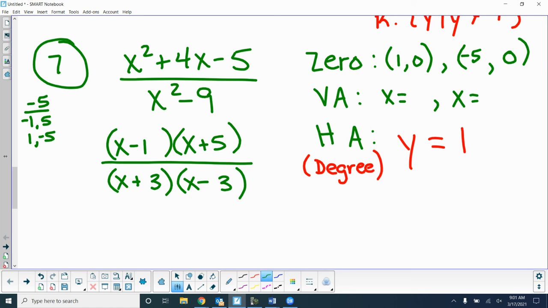What makes this 0 and that 0? Three. Is it that hard? No, it's pretty easy, isn't it? Okay. The last one.